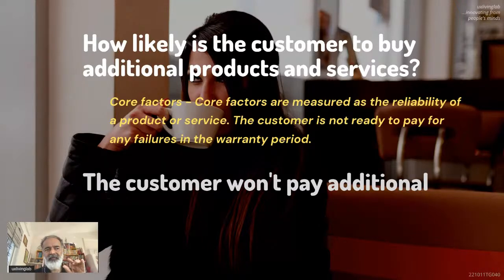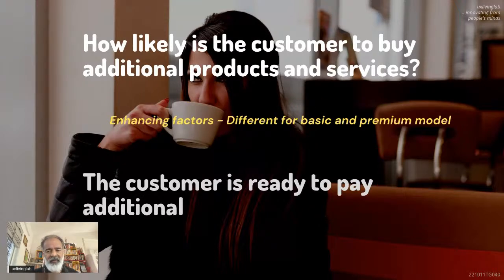If the quality or the output offered by the core factor failed, then you have to replace it, but the customer won't pay for that. That's why I use warranty period. And think about your car, when there is some manufacturing defect, of course, you have to replace it in the warranty period. The customer won't pay for that. Then enhancing factors, different or basic and premium model.